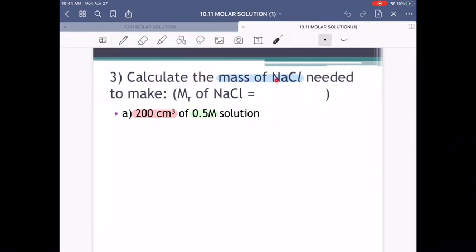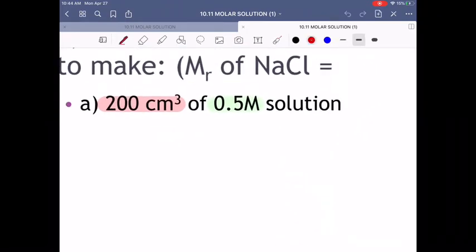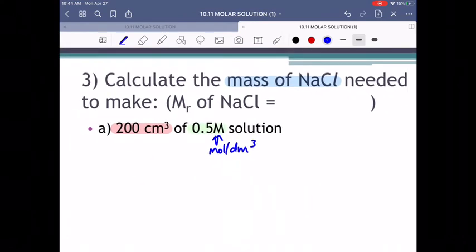Calculate the mass of NaCl needed to make 200 cm³ of 0.5 molar, which is mole per dm³, solution. So let me highlight here. Let me remind you, this is mole per dm³. I already highlighted the things that are needed.